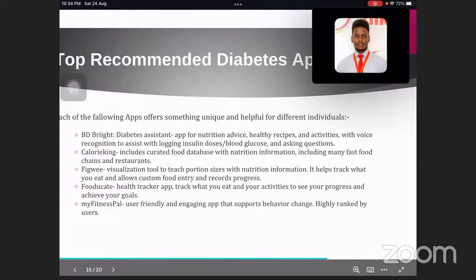We start with BD Bright Diabetes Assistant, which is an app for nutritional advice, healthy recipes and activities, along with voice recognition to assist with logging insulin doses and blood glucose and asking questions.